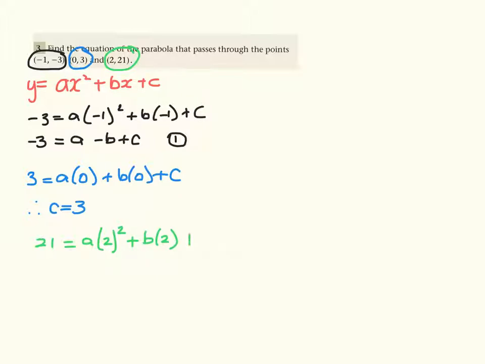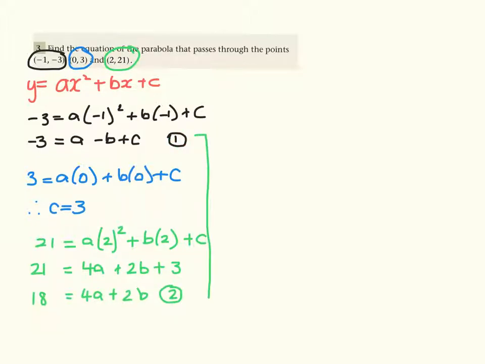So substituting that in, 21 equals 4a plus 2b. Now I already know that c is 3, so I can tidy that equation up a little bit, which gives me 18 equals 4a plus 2b. Okay, so that's my second equation, and my first equation is up here in number 1.